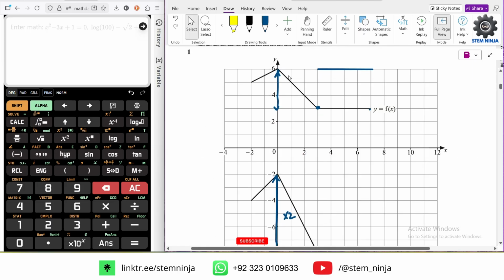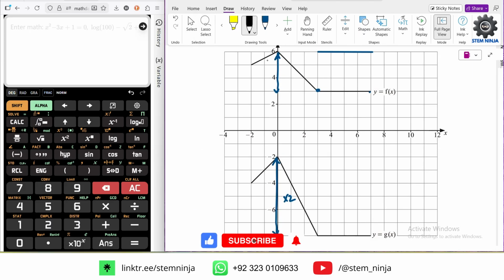That means first we are moving every point 7 units down. So for example, this would be over here like this, and 3 units down, so somewhat like this and this, right?